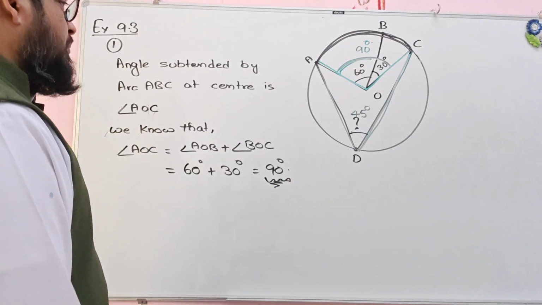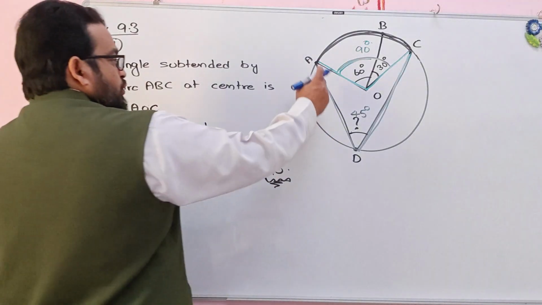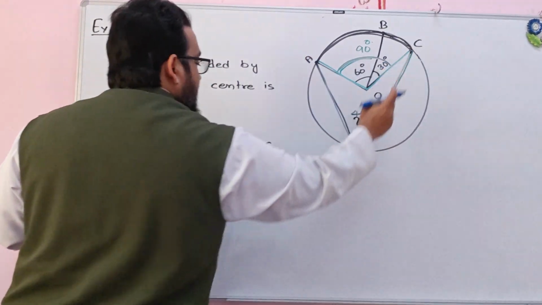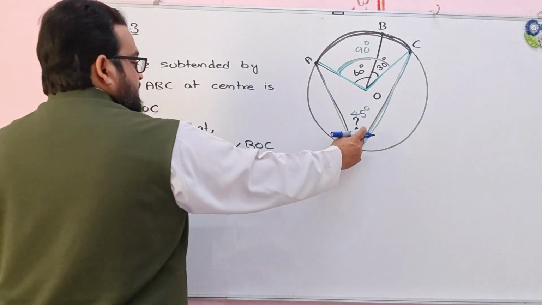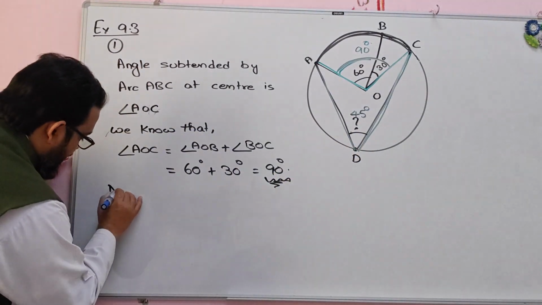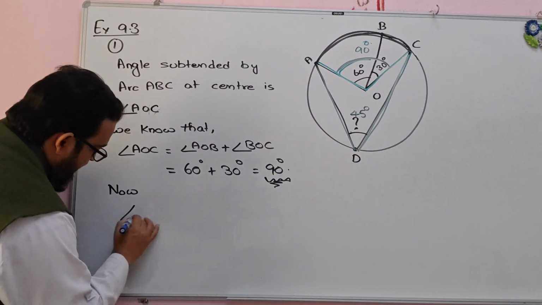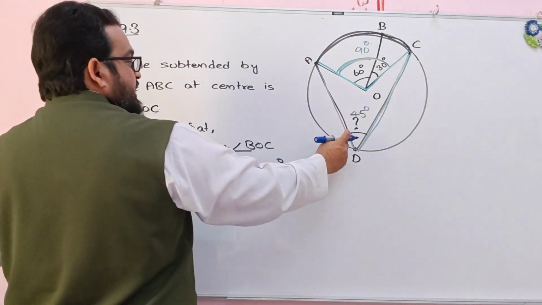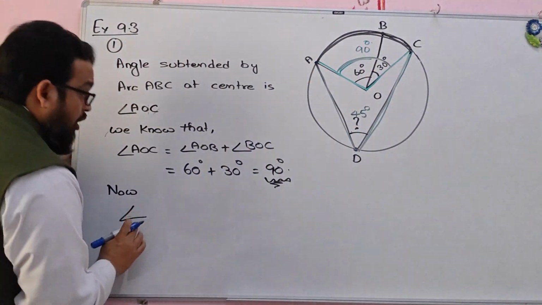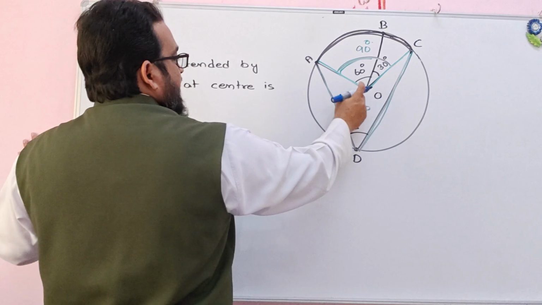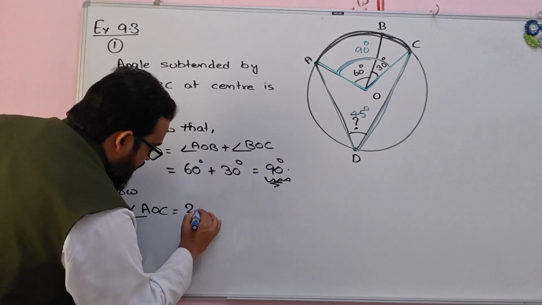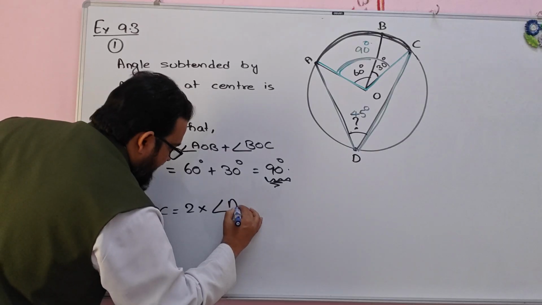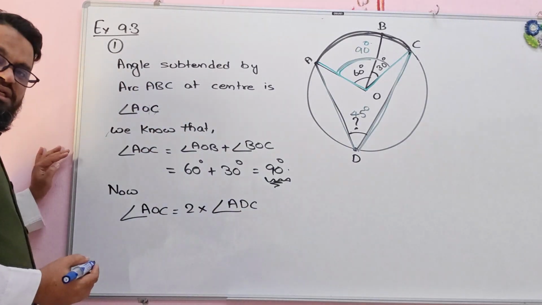Now we are supposed to find angle ADC, right? So in order to find ADC, angle AOC is equal to double the angle ADC. What is the reason, sir?